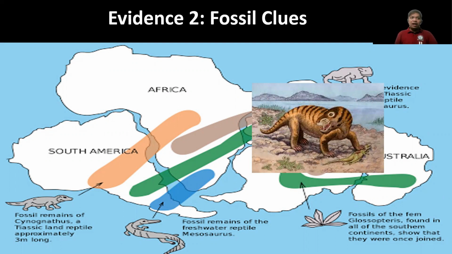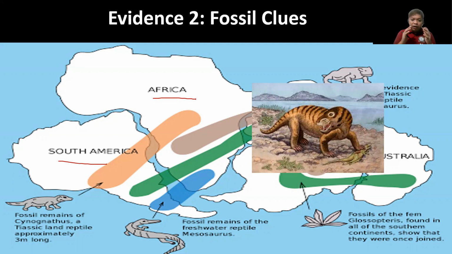Alright, so reptile po siya, kalahi niya yung mga crocodiles, mga turtles, snakes, and lizards. So Cynognathus, may nakita silang fossil ng Cynognathus sa South America and sa Africa. And this Cynognathus is a land reptile, meaning to say, sa lupa lang sila makikita.